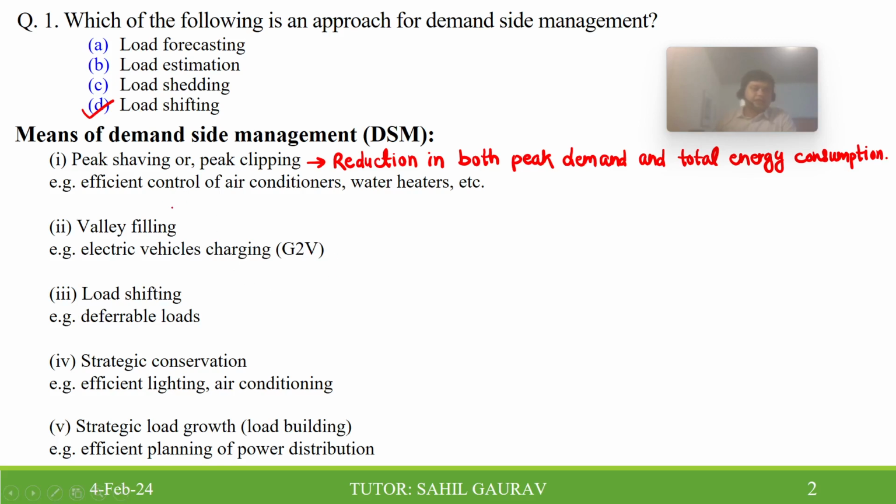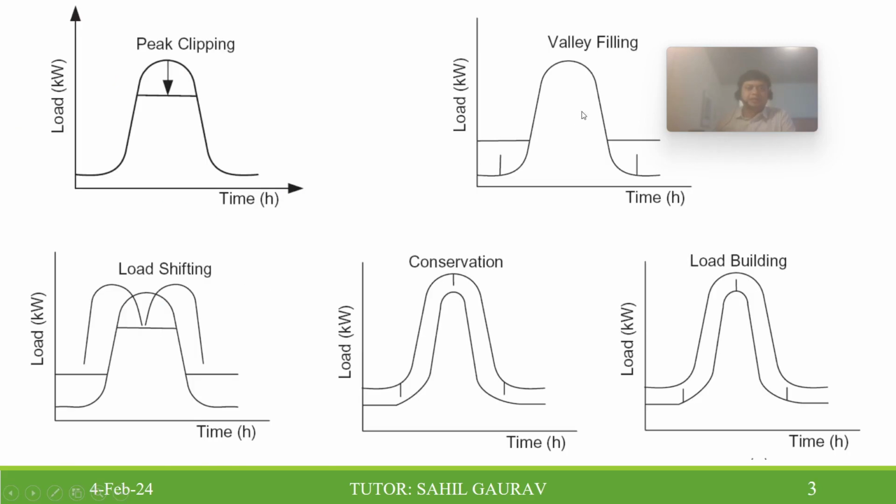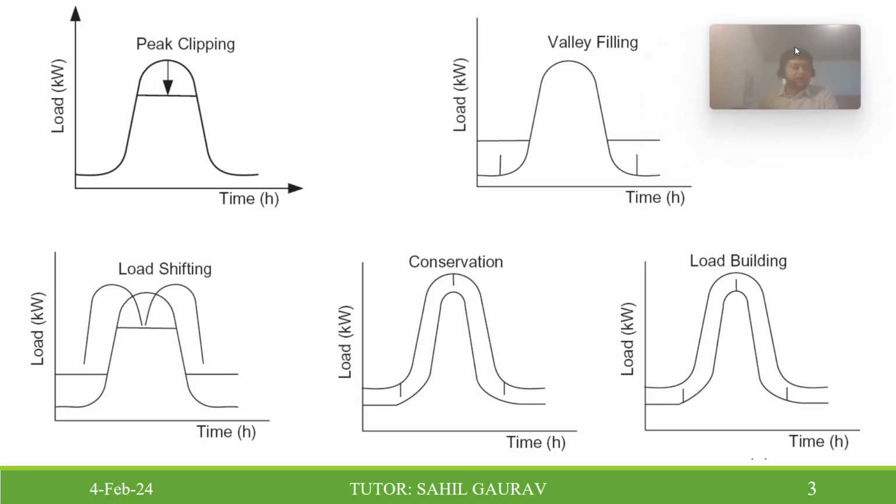In this diagram, this represents the valley filling management strategy. Here, during off-peak hours, we are increasing the power demand. So we can say there is no change in peak demand; the peak demand remains as it is.